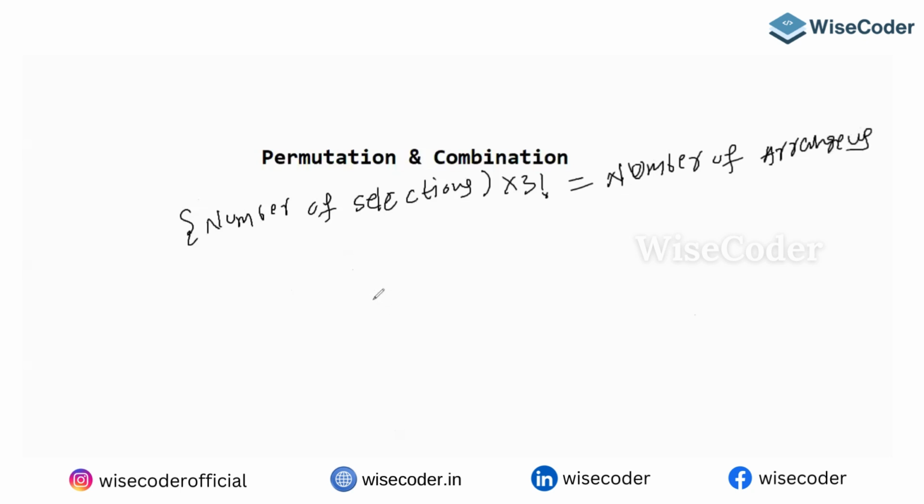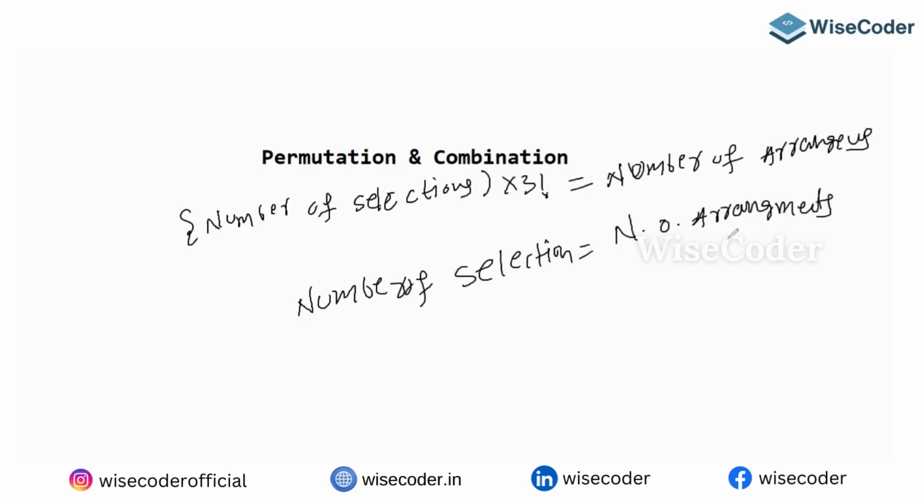From this you can say the number of selections equals the number of arrangements divided by 3 factorial.